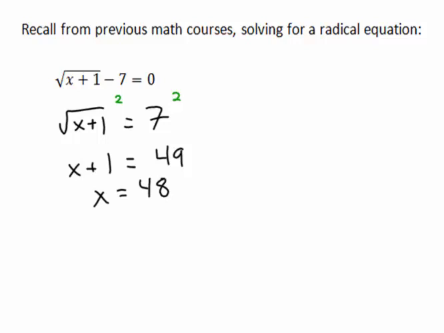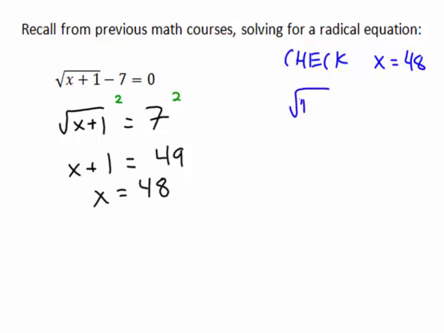And what we always have to do with radicals, when we start squaring something, is remember there's a possibility that that is not the solution. We always have to check to make sure that we have the correct solution. And the check is pretty straightforward. We just put our answer of x equals 48 into the original equation and see what we get.